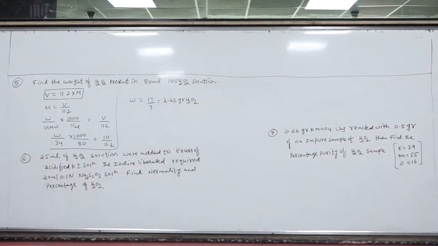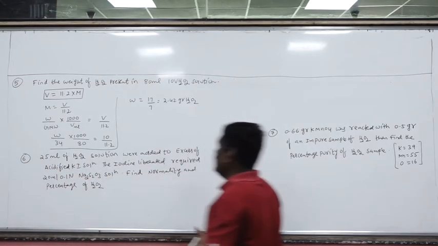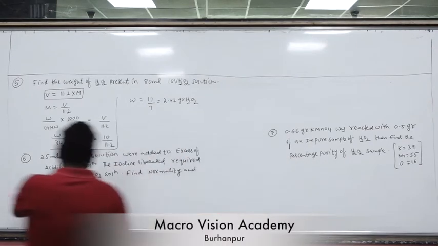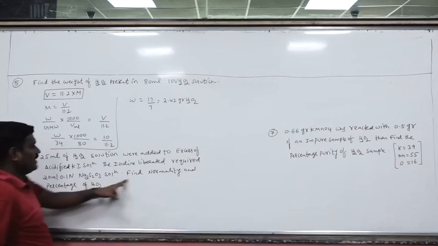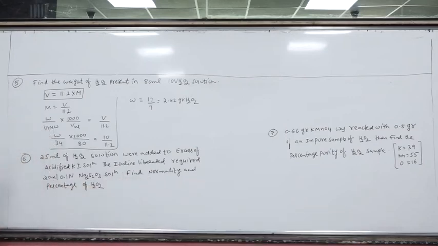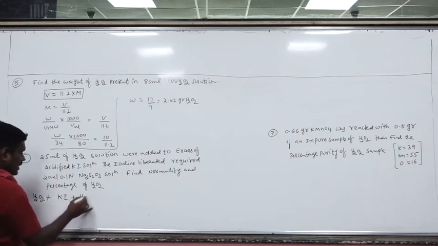Okay. Now, next problem: 25 ml of H2O2 solution was added to excess of acidified KI solution. The iodine liberated required 20 ml of a 0.1 normal hypo solution. Then find the normality and percentage of H2O2 solution. First of all, H2O2 is treated with potassium iodide, acidified, let's suppose with H2SO4.